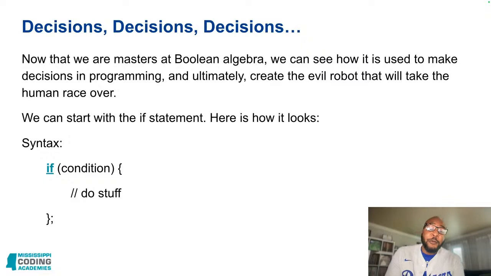What we've done thus far is we've written a command and the computer executed the command when we wrote it. Now we're going to give the computer the decision to execute a command or not. And we start off with the if statement.